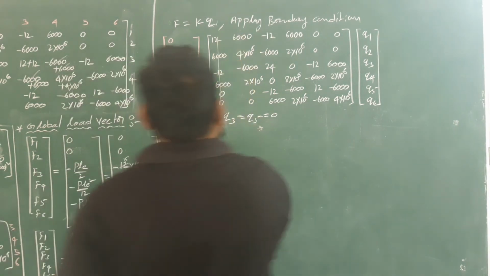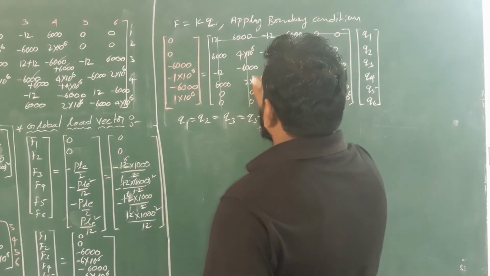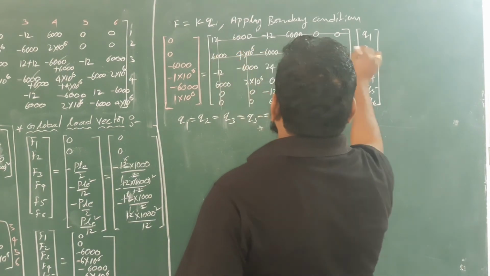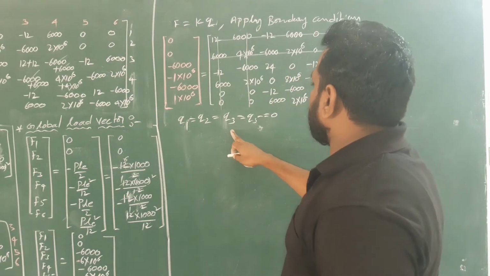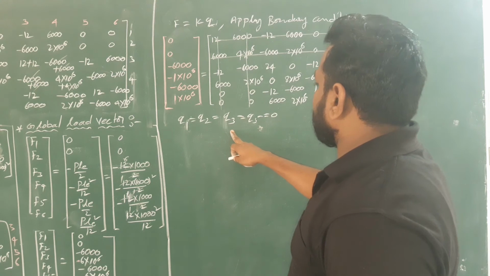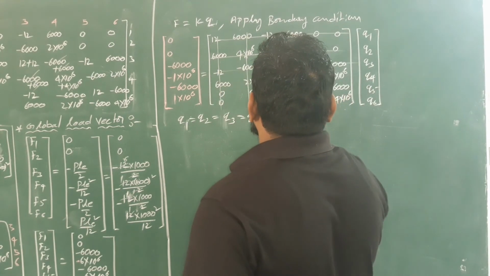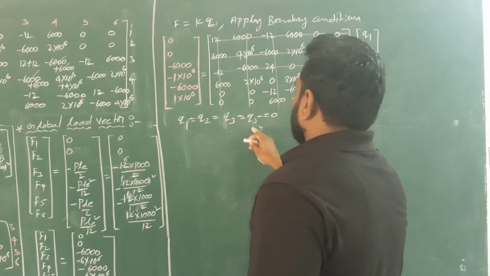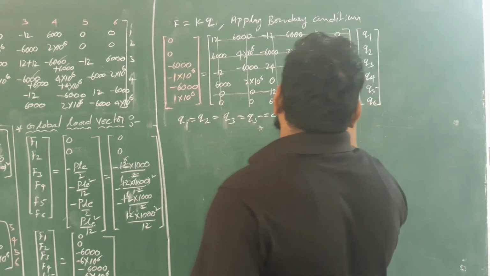So first row first column, and second row second column. At the same time, third row third column. At the same time, Q5, that is fifth row fifth column also eliminated.